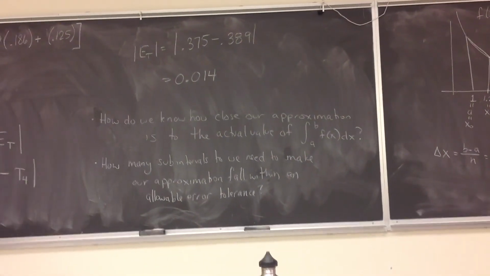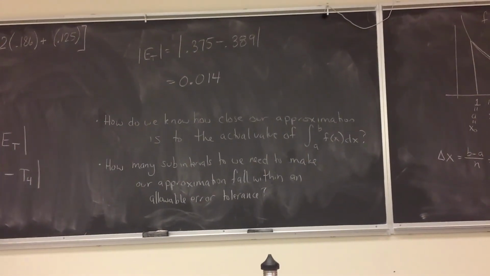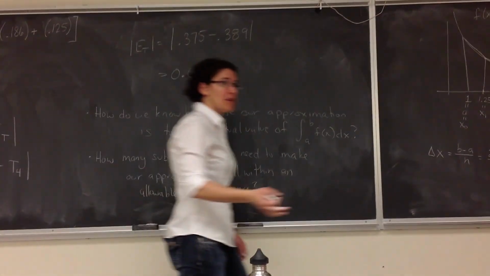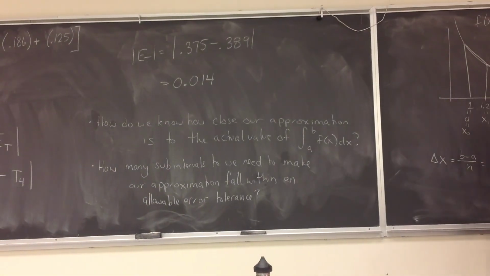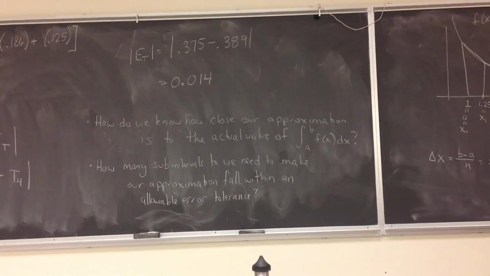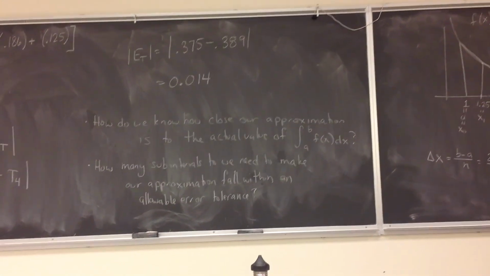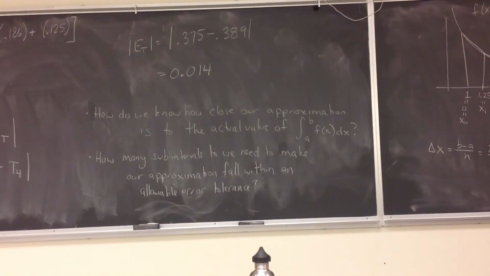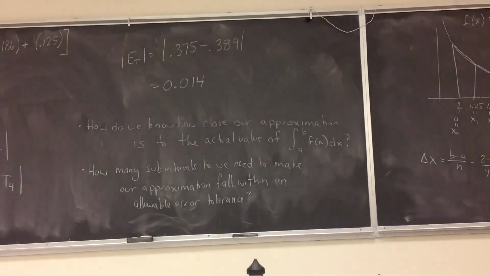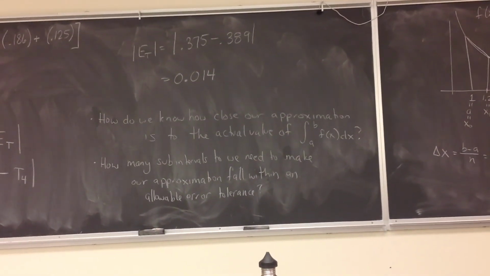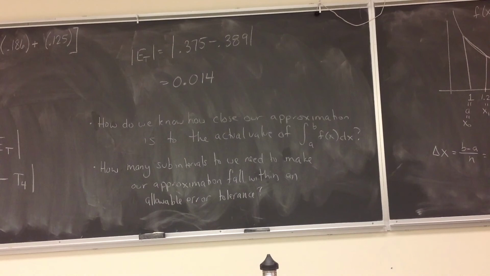These are the two big questions that need to be asked and eventually answered. We're not going to do these today, and we're not quite done with this section, but these two questions are basically the crux of when this technique is useful and how much work I need to put into it to get an answer that I'm happy with.